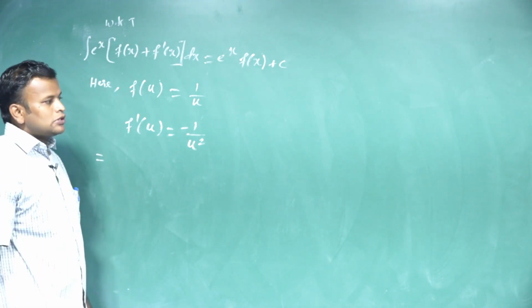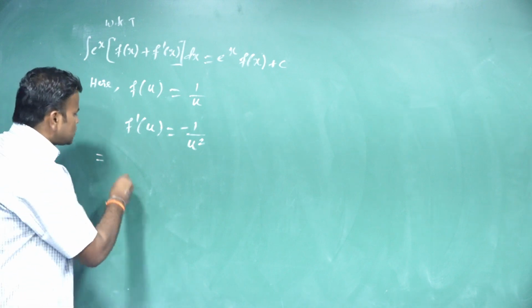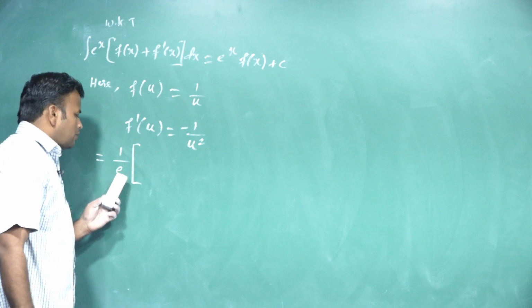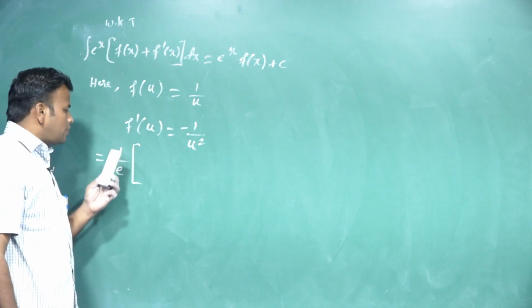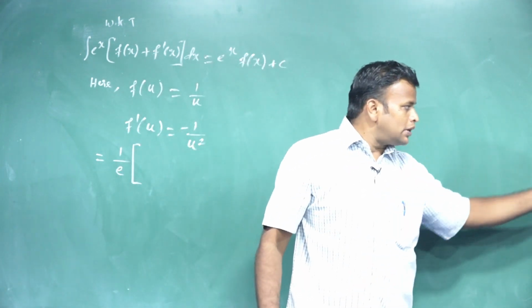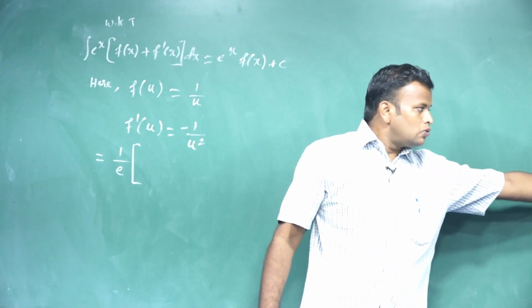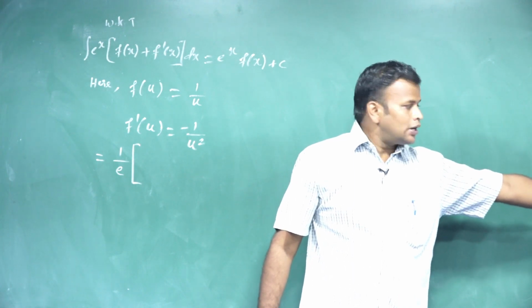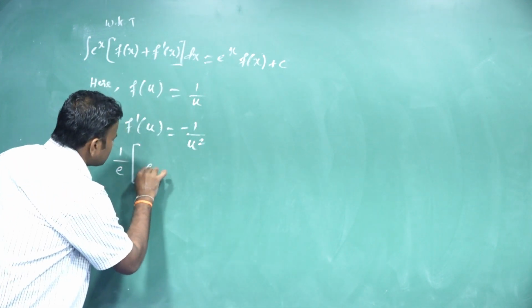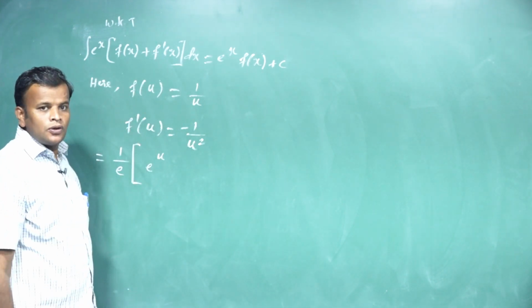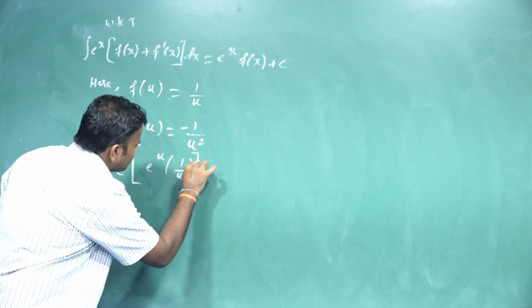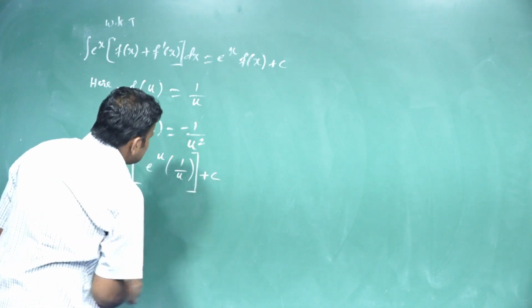So I directly substitute the values in the formula, but outside is 1 by e. So we write 1 by e, and within a bracket e power u into f of u, which is 1 by u, plus c.